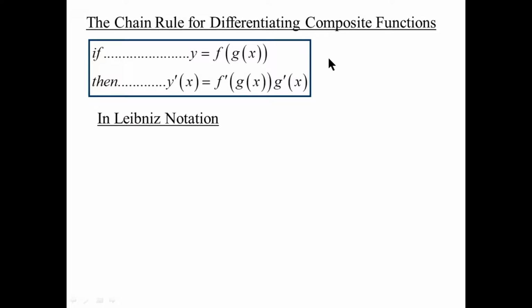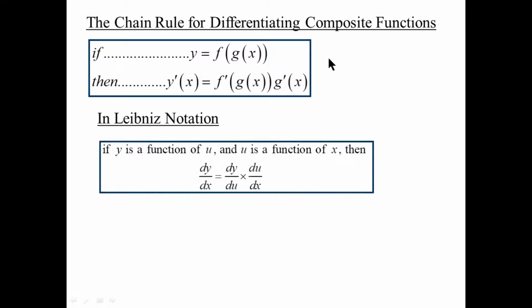In Leibniz notation, if y is a function of u and u is a function of x, in other words, we don't have an equation with a y in it and an x in it. We have a y with a u and we have a u with an x. We can still make a link between y and x, using u as a link in the chain, hence the chain rule. dy by dx equals dy by du times du by dx.